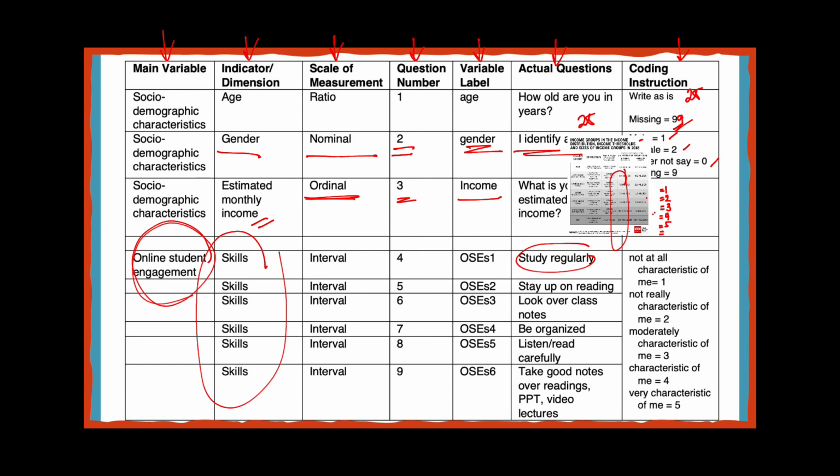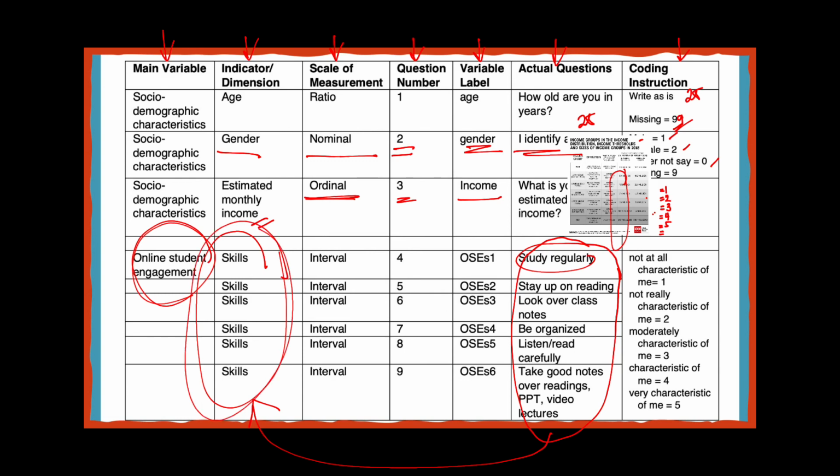So in this case, these questions ask whether a student studies regularly, stays up on reading, looks over class notes, is organized. These are all questions that relate to skills, and it is the total or the average score that they get from all of these questions that describes the dimension of skills.